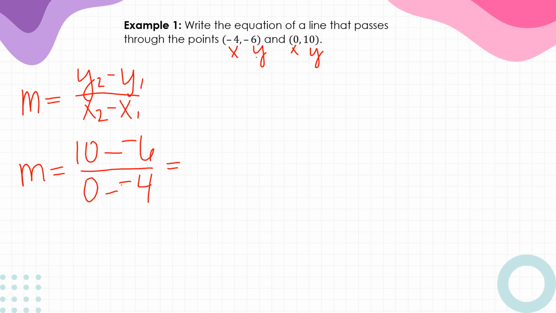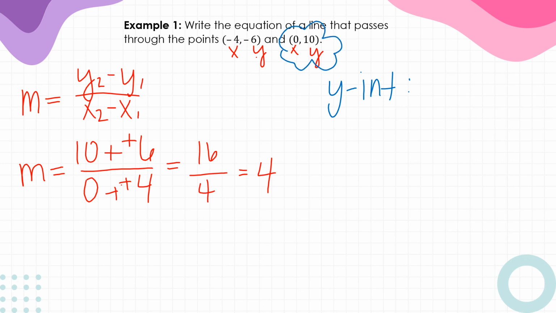So this would become plus, which is 16. 0 plus 4 is 4, and 16 divided by 4 is 4. So my slope is 4. Then for the y-intercept, remember that the y-intercept is where the graph intersects the y-axis, but it's also when x is 0, which is this point that it gave us right here.